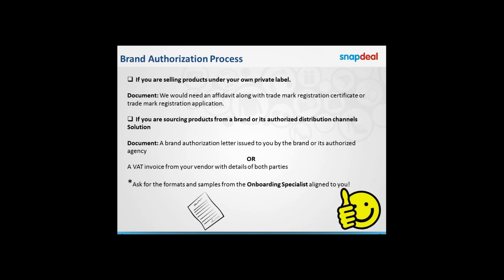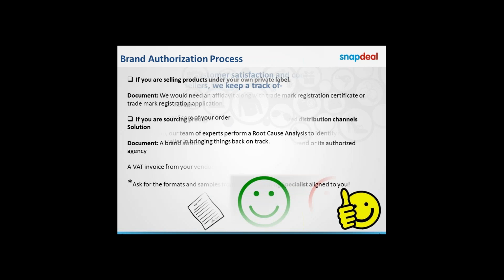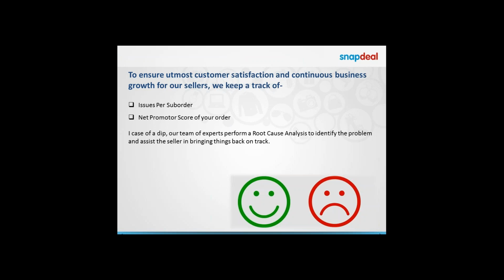Now, to ensure utmost customer satisfaction and continuous business growth, we keep track of issues per sub-order and the net promoter score of a seller. As and when a product is delivered to the buyer, we seek feedback from them as to how they liked the product, and in case there are any concerns or complaints regarding that.